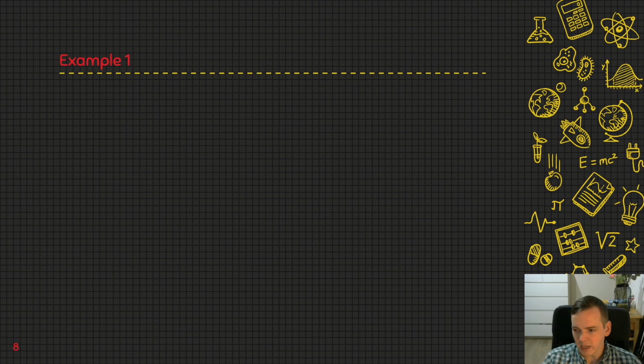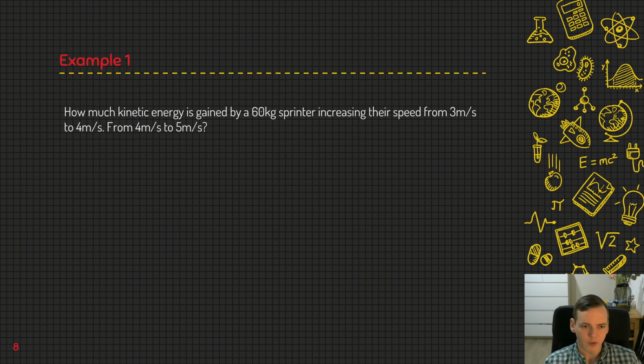So let's look at a couple examples, and those will also help us process and think about it. First, how much kinetic energy is gained by a 60-kilogram sprinter increasing their speed from 3 meters per second to 4 meters per second, and then also from 4 meters per second to 5 meters per second. So in part A, we have delta KE is equal to 1/2 m times delta v squared, which is equal to 1/2 of 60 kilograms times delta v squared.